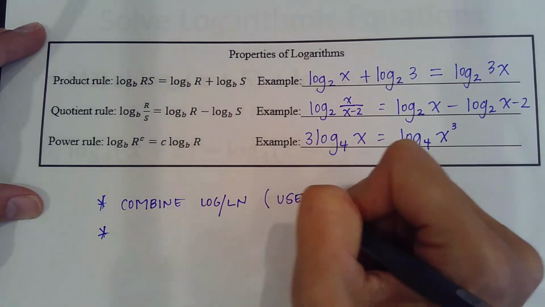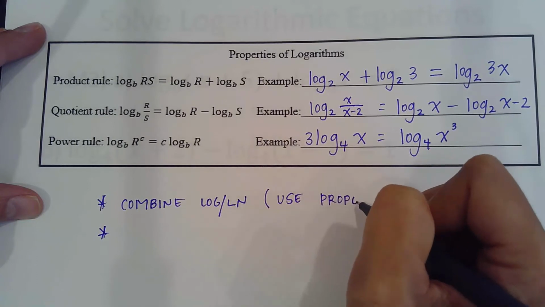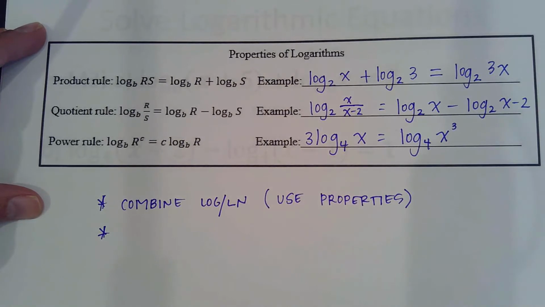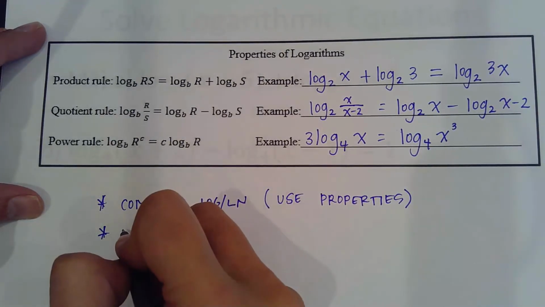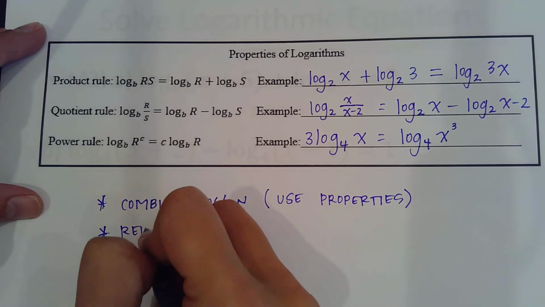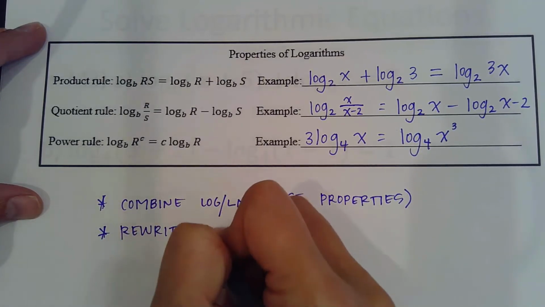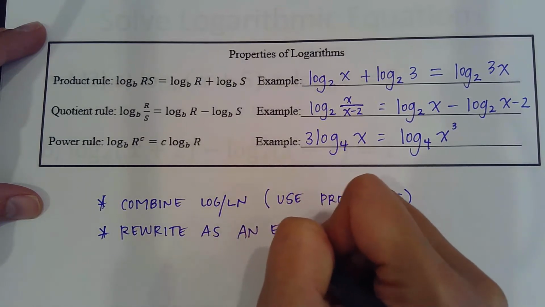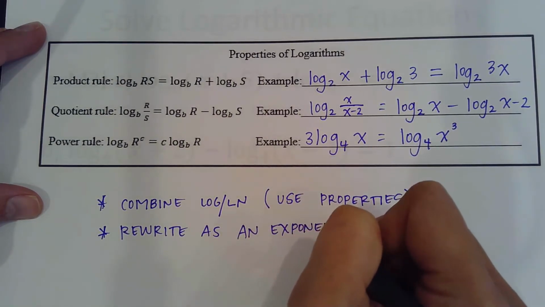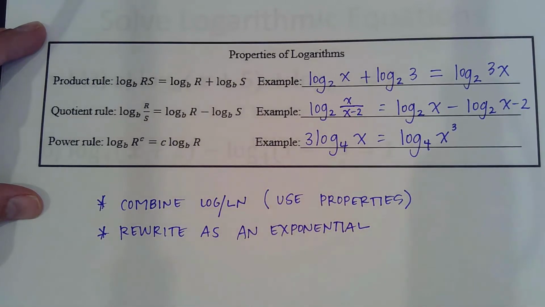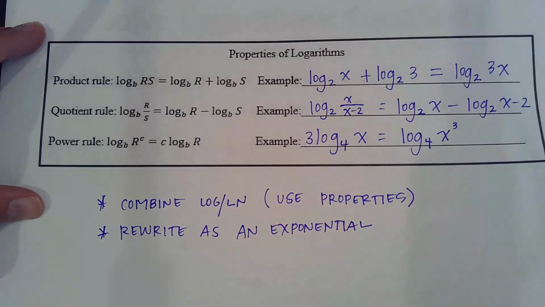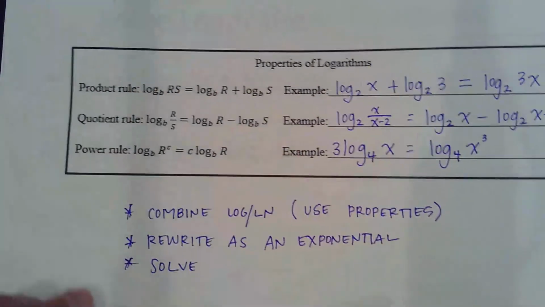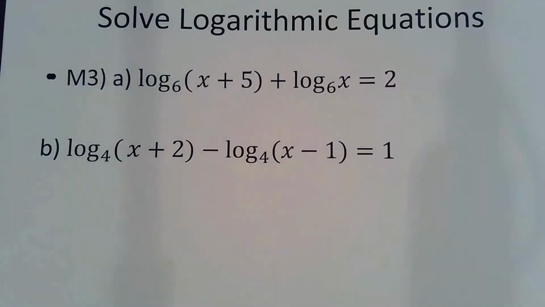So use properties to combine, and then after you combine, you're going to rewrite as an exponential. Solve. So you may have to use your other rules of solving to solve them.